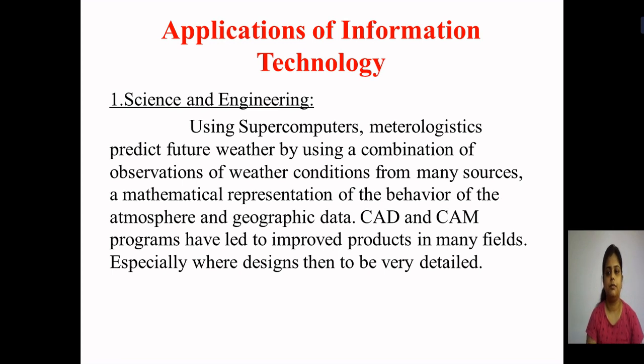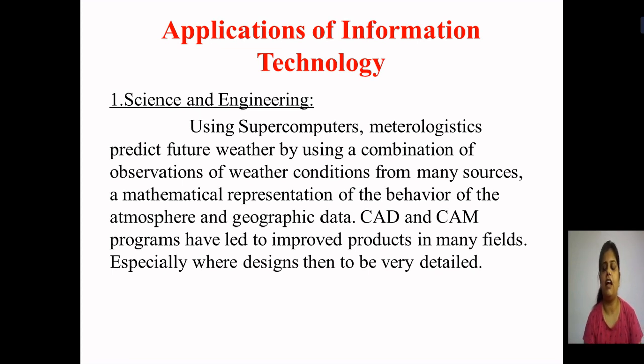Now, in science and engineering, what is the use of IT? It is mostly used for having different programming done to improve the product quality, to improve the products in many types of field.